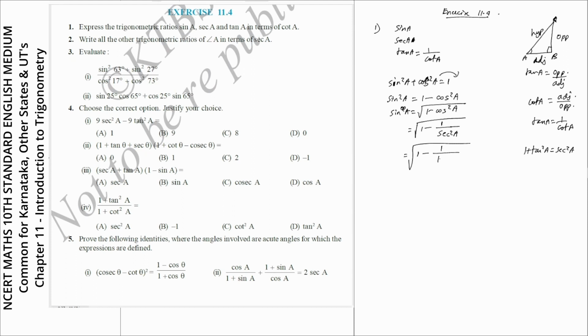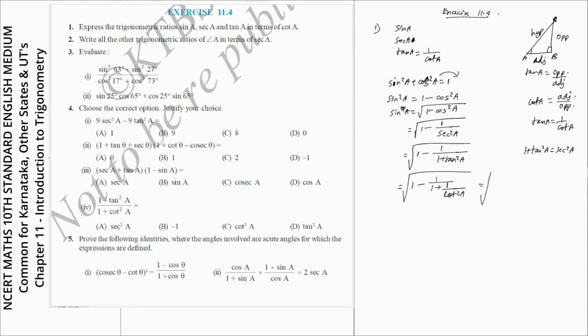I'll substitute that: in place of secant square A, I'll write 1 plus tan square A. Now this is equal to square root of 1 minus 1 by 1 plus, now tan square A is nothing but 1 by cot square A. Tan A is 1 by cot A. Now tan square A becomes 1 by cot square A.